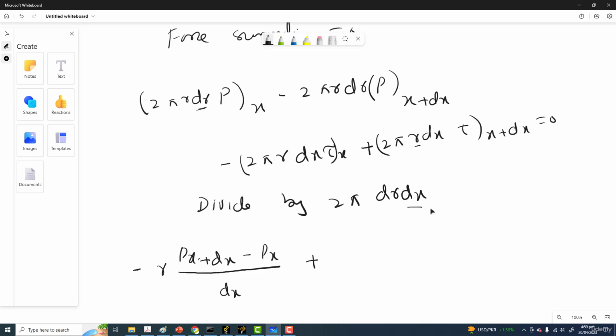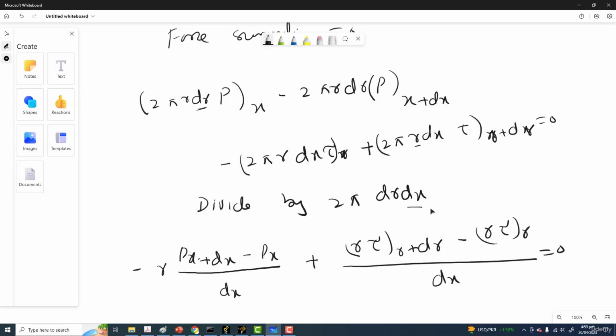So I will write this as r tau at r plus dr, minus r tau at r, divided by dr, is equal to 0.